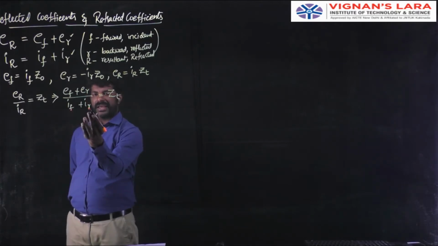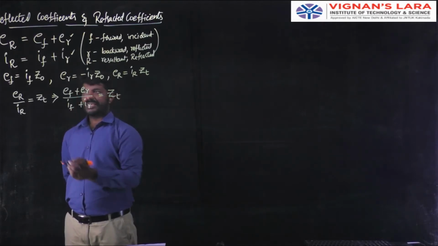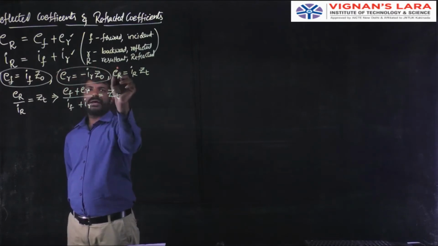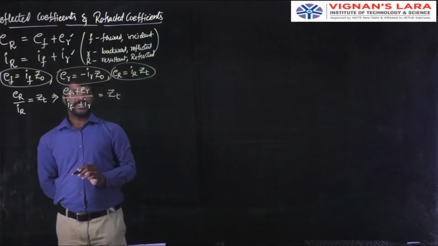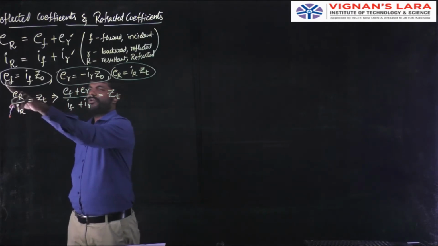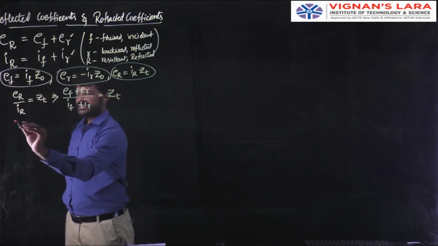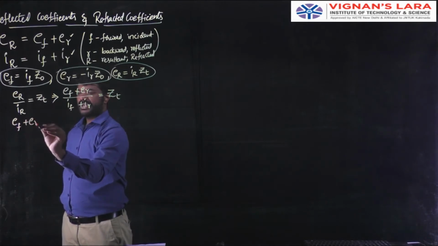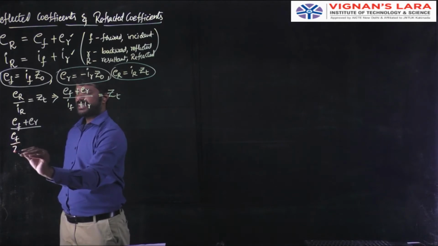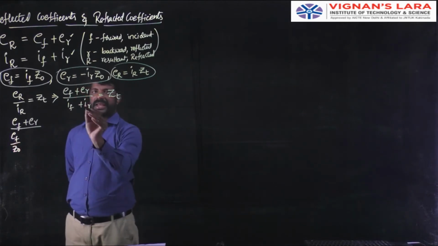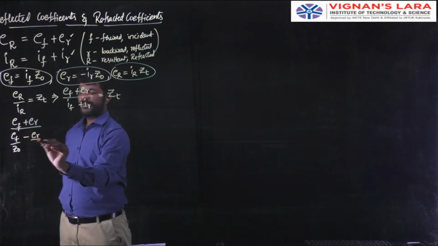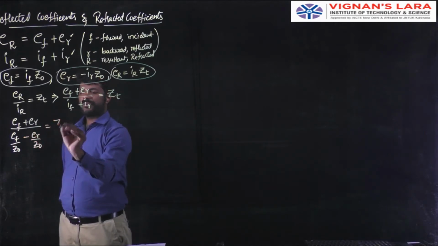IF and IR can be written in terms of voltages as per Ohm's law. Substituting, the currents IF and IR can be written in terms of voltage and impedances: EF plus ER divided by IF, written as EF by Z0, and IR, written as minus ER by Z0, whose ratio will be equal to ZT.